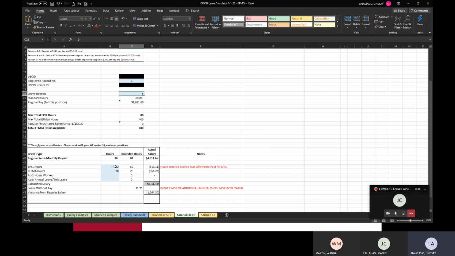So it's telling me to adjust the hours down so that we don't pay more than $2,000 of EPSL. So I can adjust it down, and then now I have 39.75 hours that I either need to record as leave without pay, or I can include this in annual or sick leave so that I can receive the full pay.